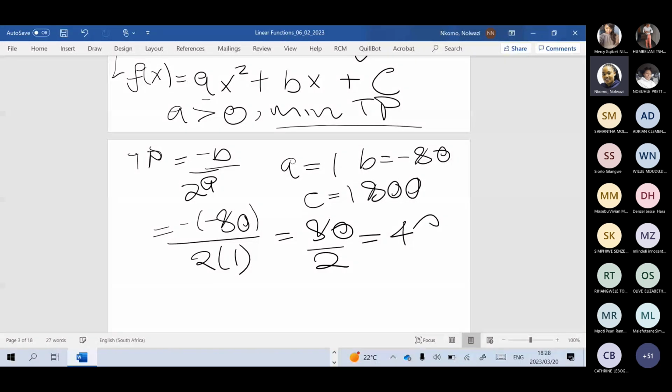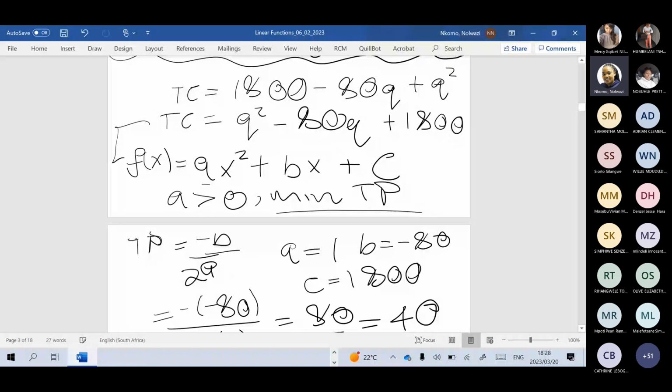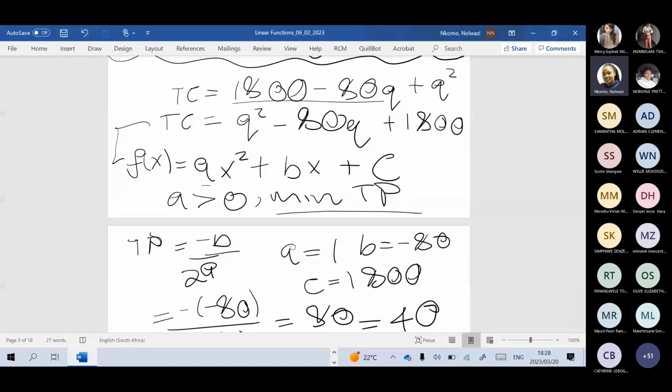The next step is to find the corresponding total cost where Q is equal to 40. That means you take this 40 and substitute it back into your total cost.